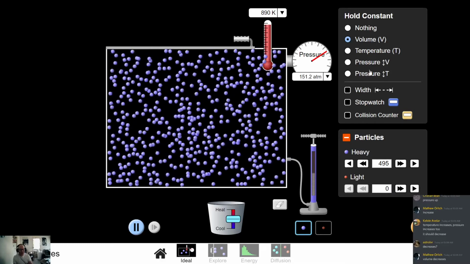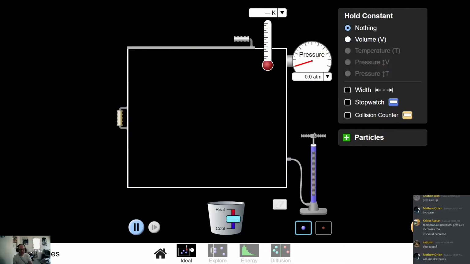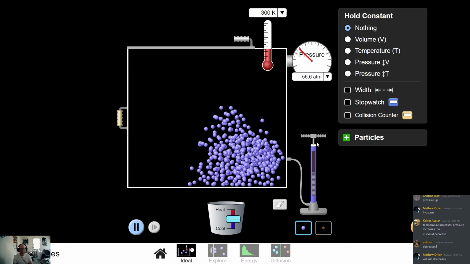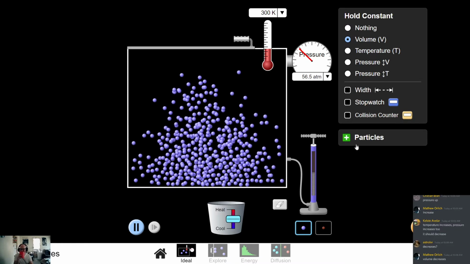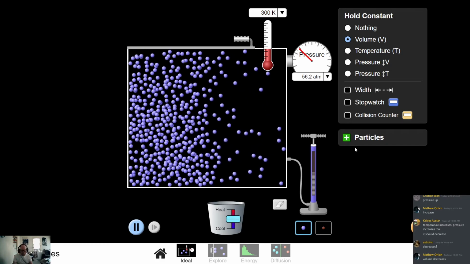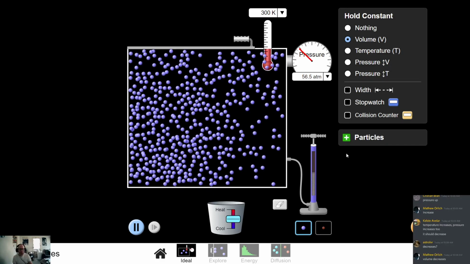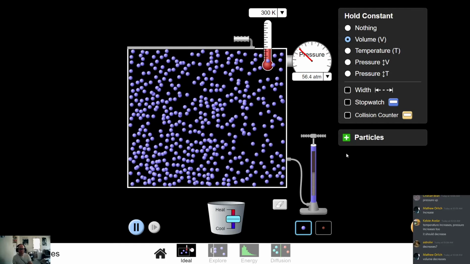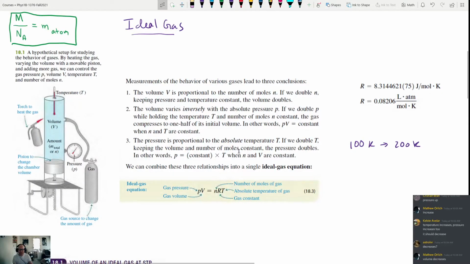Okay, let's see if we reset and pump some of these things in here. So what do we have to do? We have to hold volume constant. Okay. It says if we double the temperature, keeping the volume and the number of moles constant, then the pressure doubles.